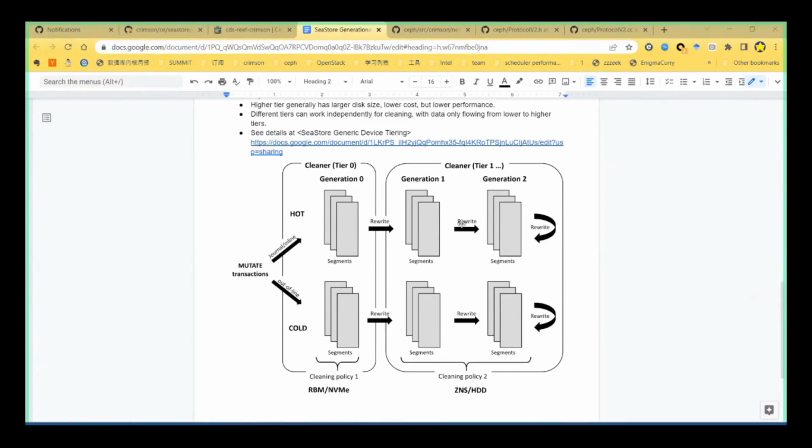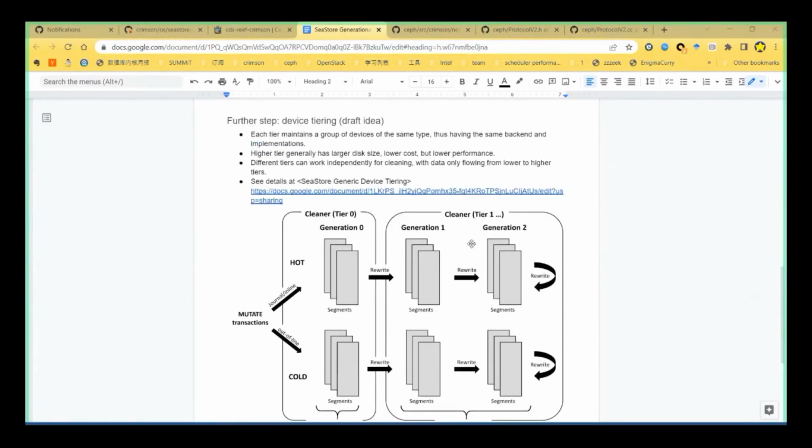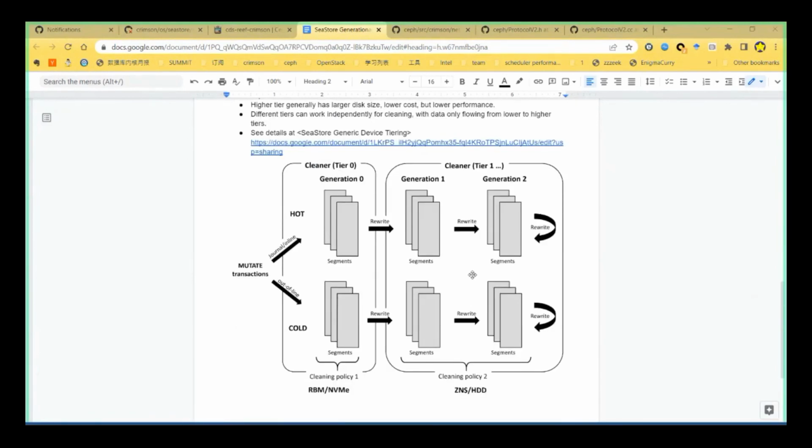And we can have different internal implementations between different tiers, and the interface will be as simple as just allowing write transactions to move data from one tier to another tier. So I think that's the general idea. Yeah, and to the question earlier, that would be ZNS/HDD/QLC. That'll be QLC devices as well in that cleaning policy 2 group.